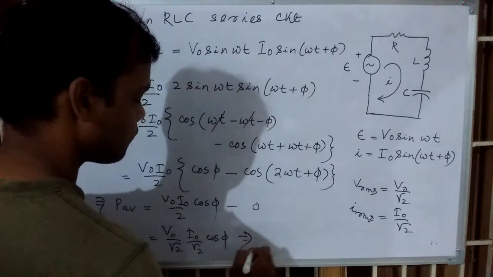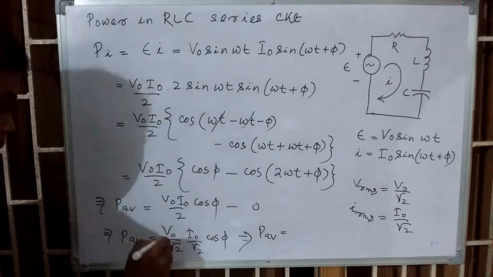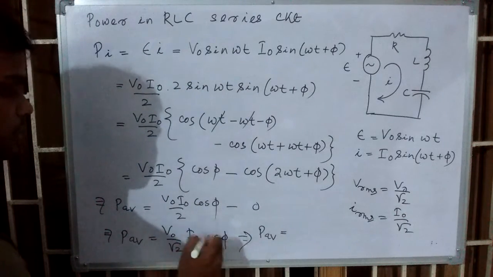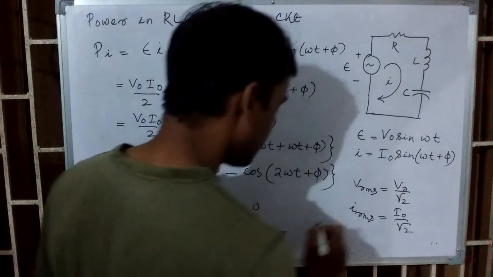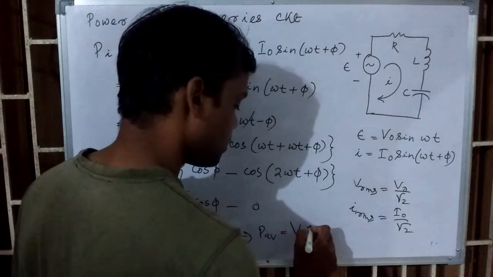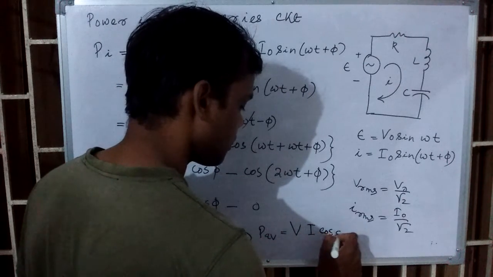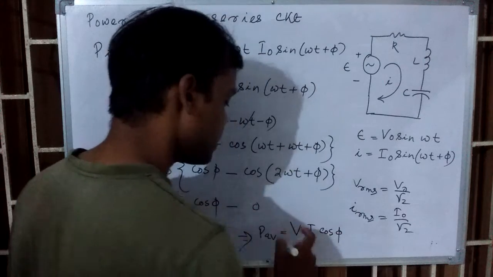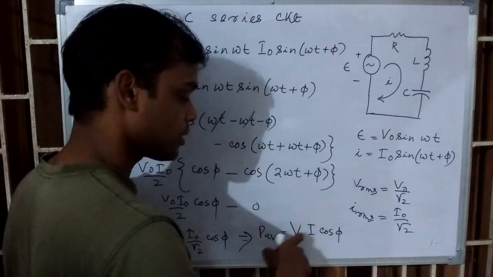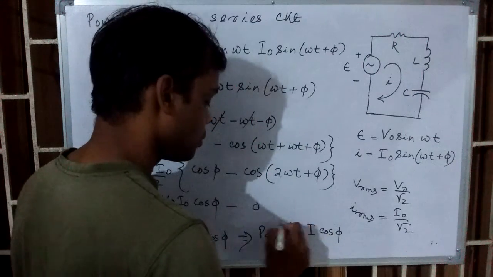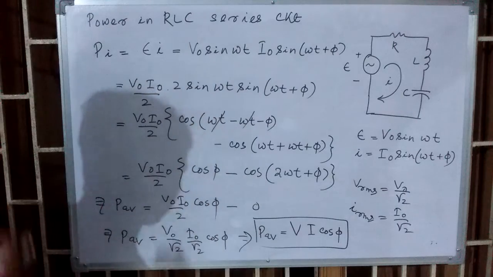So P average is equal to V RMS into I RMS into cos phi. In place of V RMS I can simply write V, then I, then cos phi. Normally in AC the RMS value is written directly as V and I. So this is the final formula of average power.